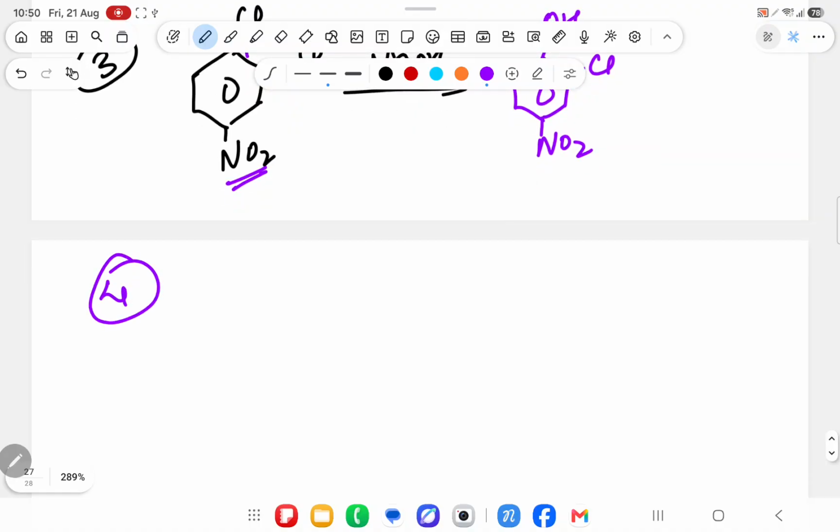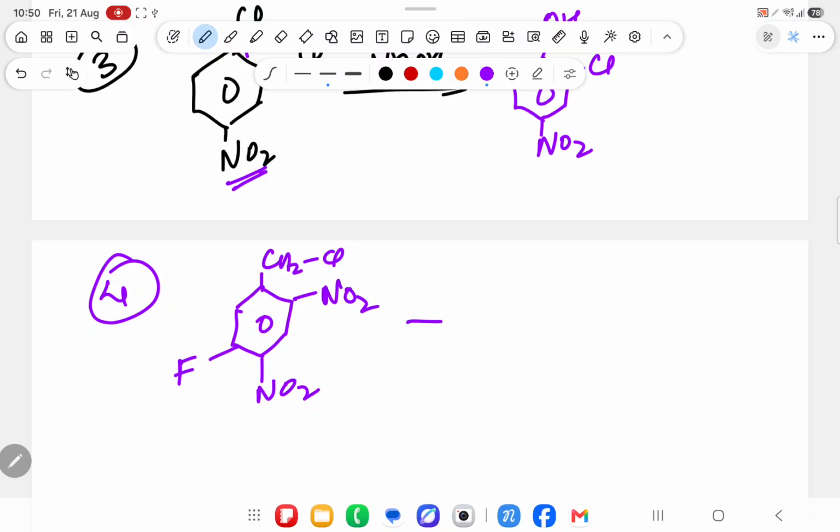Suppose I take the fourth example. Over here CH2Cl, over here F, over here NO2, and over here NO2, and I have taken PhSNa, which is plus and minus, a salt. Now see what will happen.